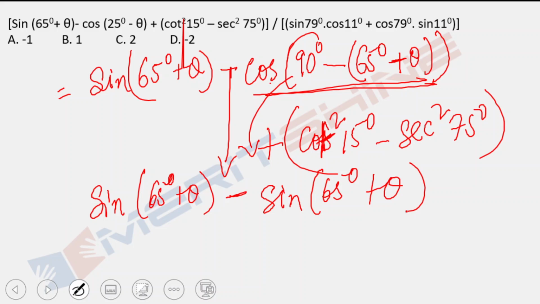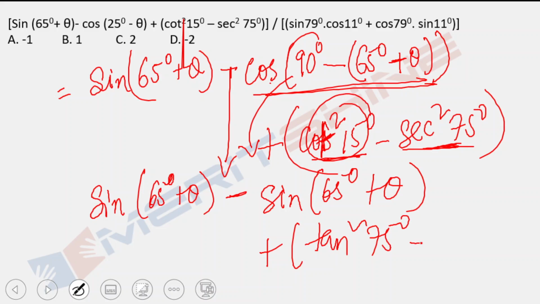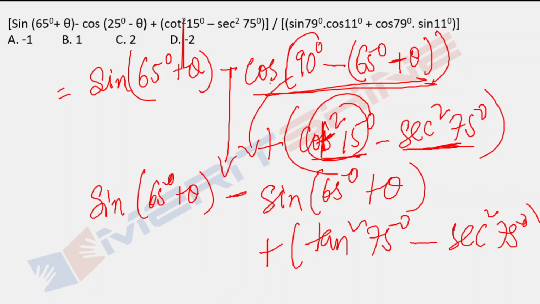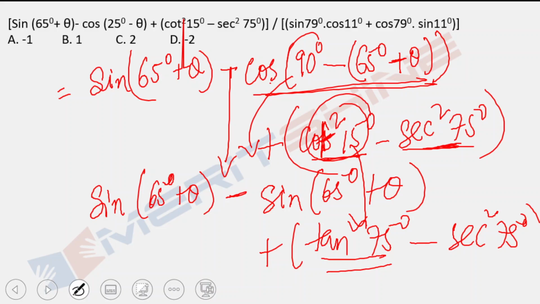And you already had cot square 15 degrees minus sec square 75 degrees. Now can I write cot square 15 degrees the same way as tan square 75 degrees? I can write that very easily, cot square 15 degrees is nothing but tan square 75 degrees, right?